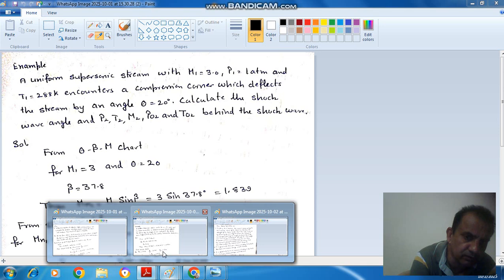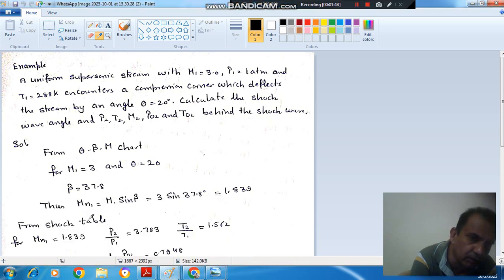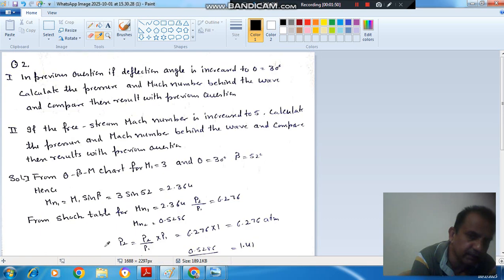In the previous question beta came out as 37.8, and in this we get beta as 52 degree. So the normal Mach number will change: Mn1 is M1 sin beta, so that is 3 sin 52, that is 2.364. So that is your normal Mach number.